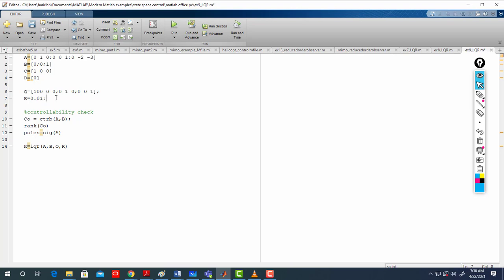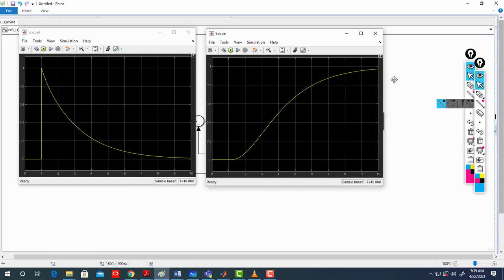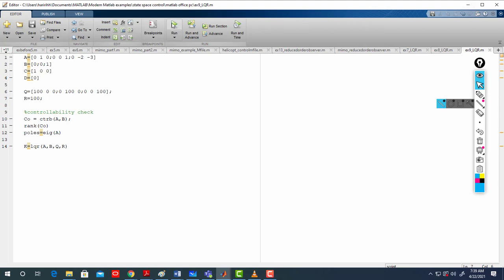Okay. Also you can try, if you wish, instead of 1 1 1 1, try 100 by 100, and here 100. Because of the relative importance, you will get the same result as if it was this one, right? So let's check.